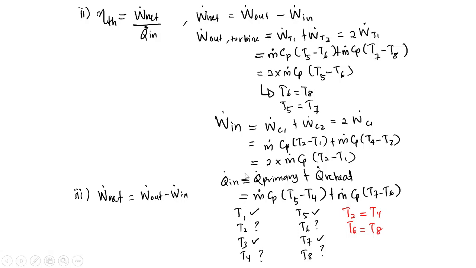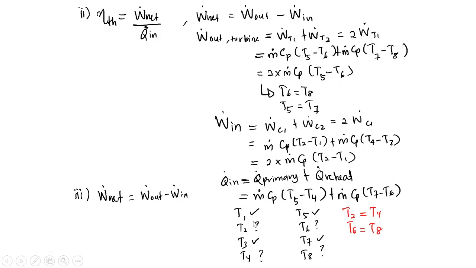So Q in, the heat injected. We have two types, primary and reheat. Primary is from T5 and T4, and for reheat we have T7 and T6.